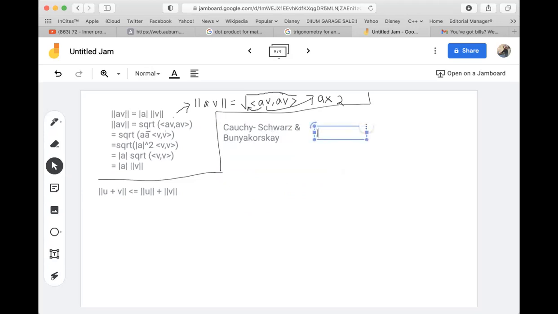The modulus of the inner product of UV is less than or equal to the norm of U multiplied by the norm of V. So this is actually for the inequalities.